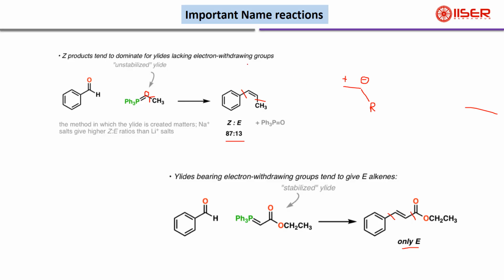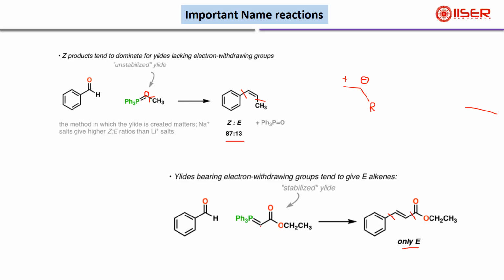So there are two types of ylide. One is unstabilized ylide, another is stabilized ylide. The unstabilized ylide has a normal methyl group, which is an electron donating group due to its plus I effect, and this negative charge here gets destabilized. So this is called unstable ylide.